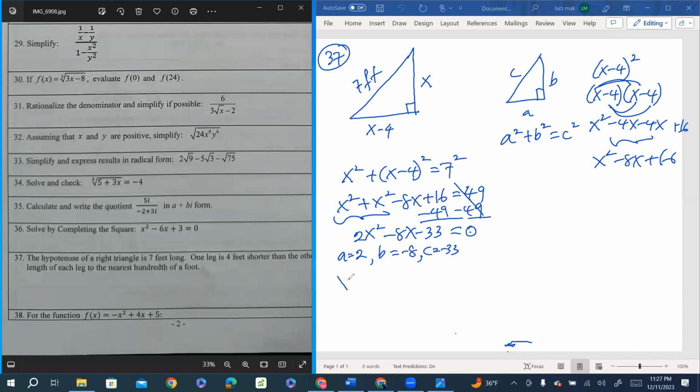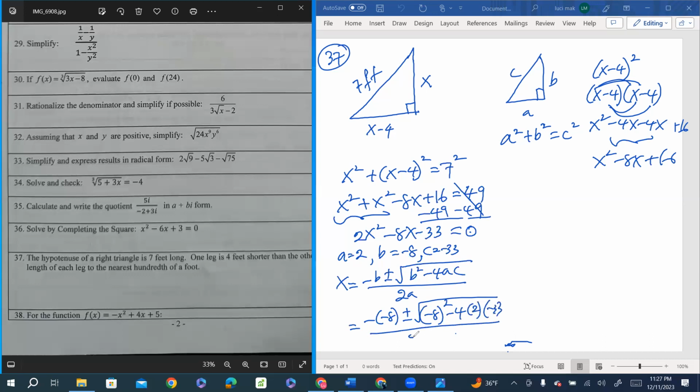So use the quadratic formula is better. X equals negative B plus or minus square root of B squared minus 4AC all divided by 2A. Let's substitute. Negative negative 8 plus or minus square root of negative 8 squared minus 4 times 2 times negative 33 divided by 2 times 2.